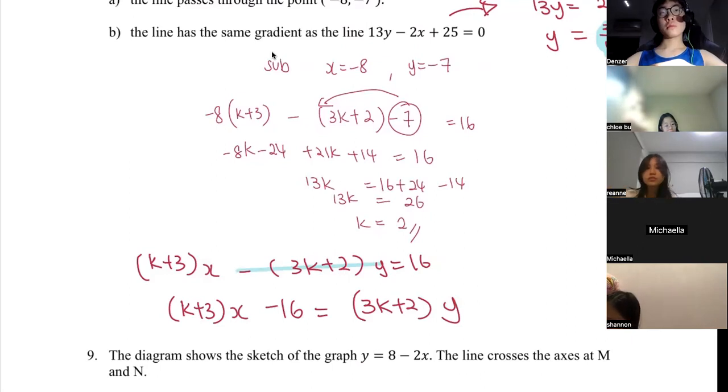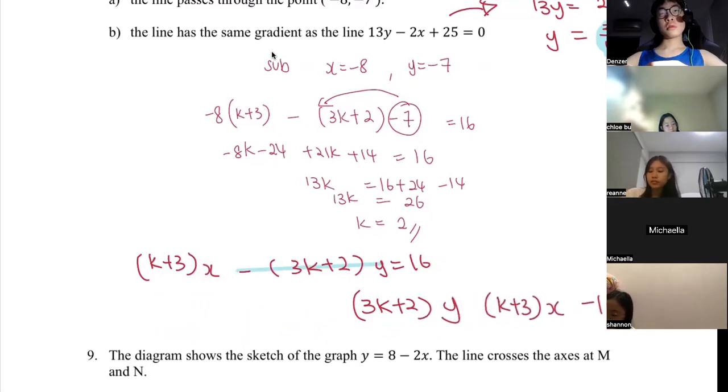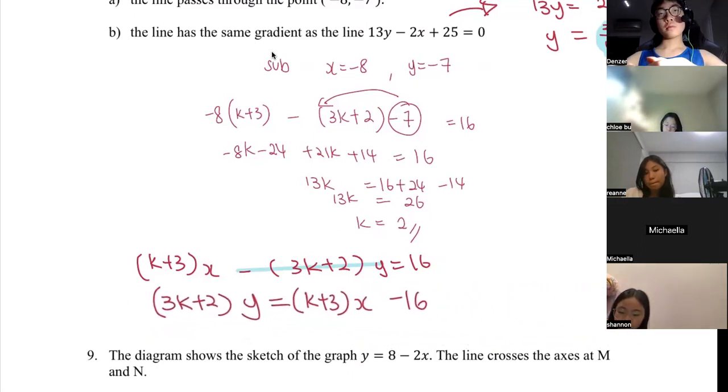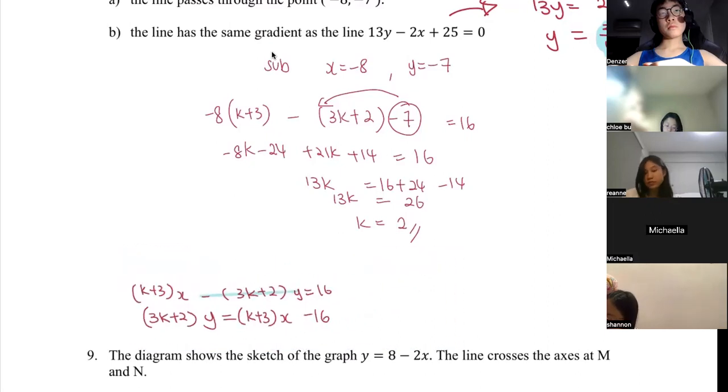Can you see the skeleton of y equals to mx plus c from here? No? Can I just swap this around? Like this? Can you see a y equals to mx plus c? Somewhat, yes? What should I do from here?